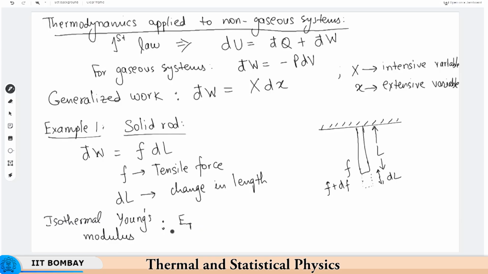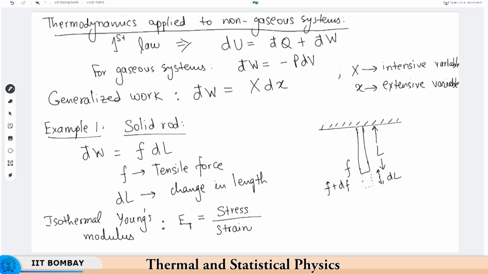Et stands for isothermal, and the definition of any modulus is basically stress divided by strain, while the temperature of the system is kept constant.